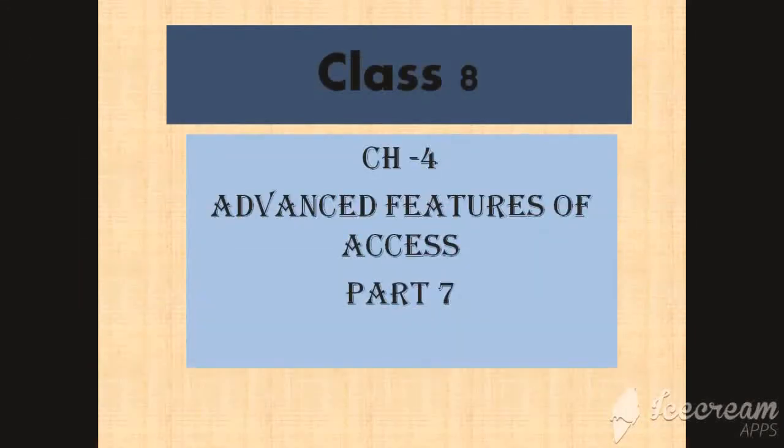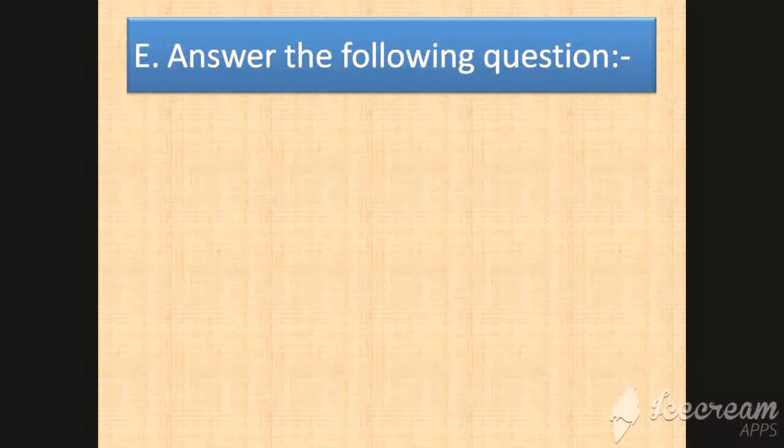Class 8th. Today we are going to discuss some question answers of this chapter that is available in your book, right? I hope you have done the assignment by this time, so you can write these answers also. They are very small questions.